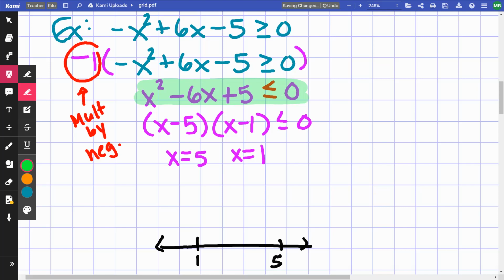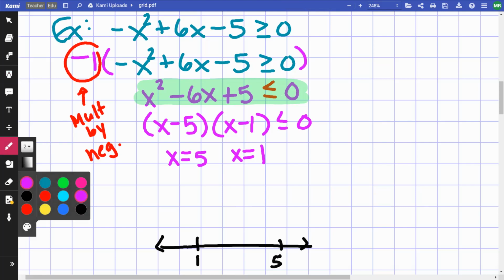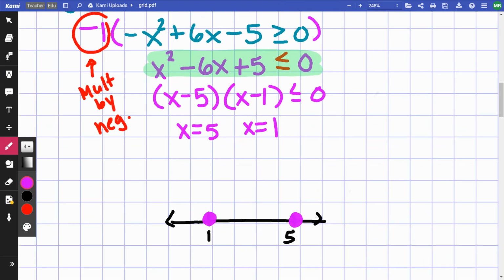This is what I'm focusing on right here. I want things that are less than or equal to 0. Because of the equal to, that means these are going to be closed circles because it has to also equal it. And 5 and 1 equal 0. Make it equal 0.